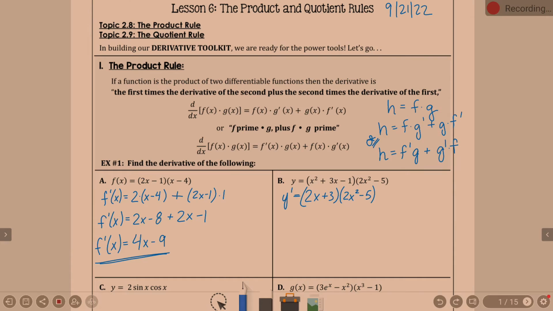Product rule says we're going to add. And now we're going to reverse the situation. I'm going to keep x squared plus 3x minus 1. Derivative of 2x squared minus 5. 4x.